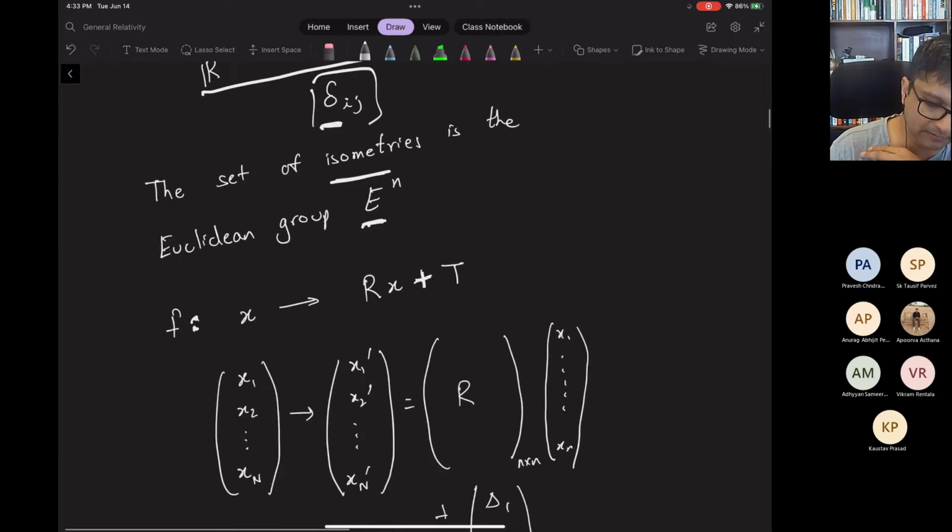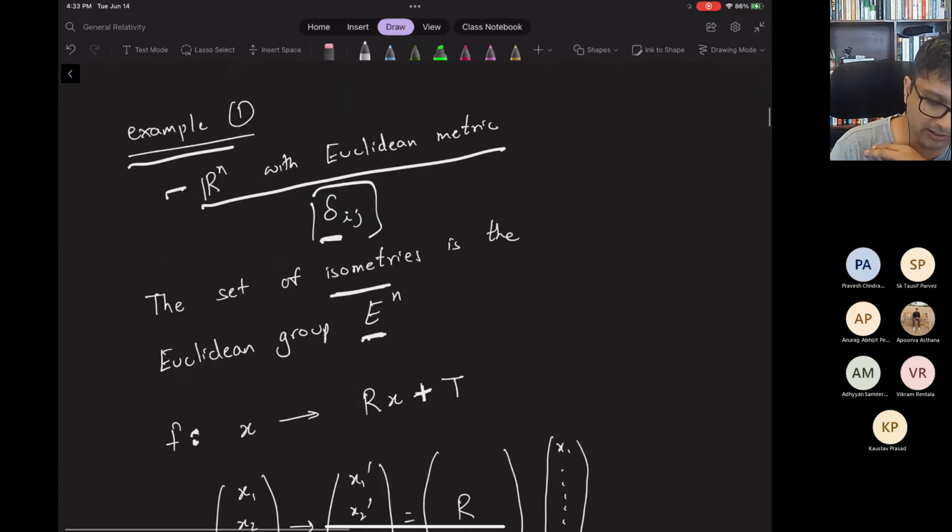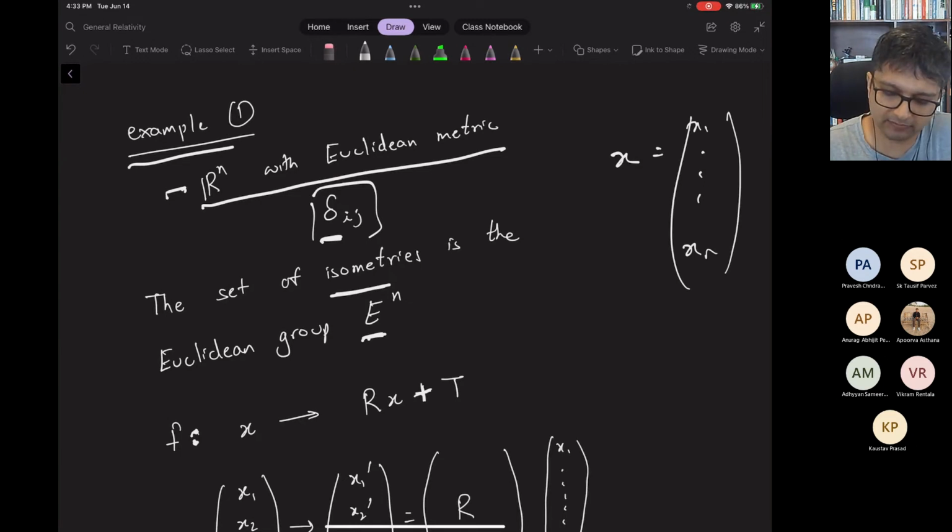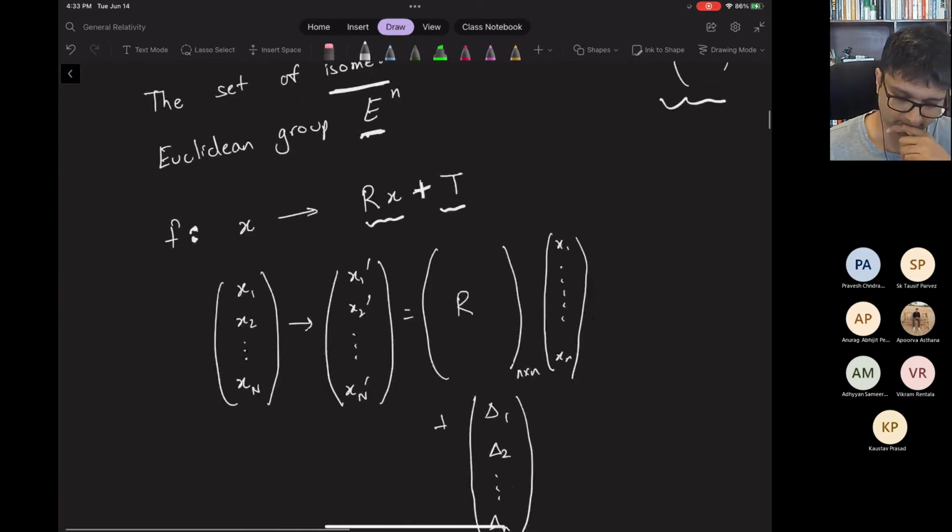Well, if I assign the usual coordinates on Rn, that is, I assign a vector x where x is x1 through xn, and this is a coordinate patch that covers the entire manifold, then any general transformation takes x to Rx plus t of this form.